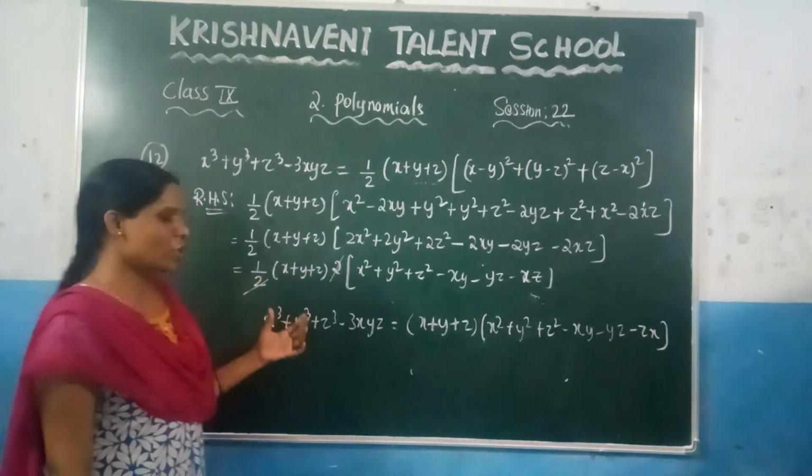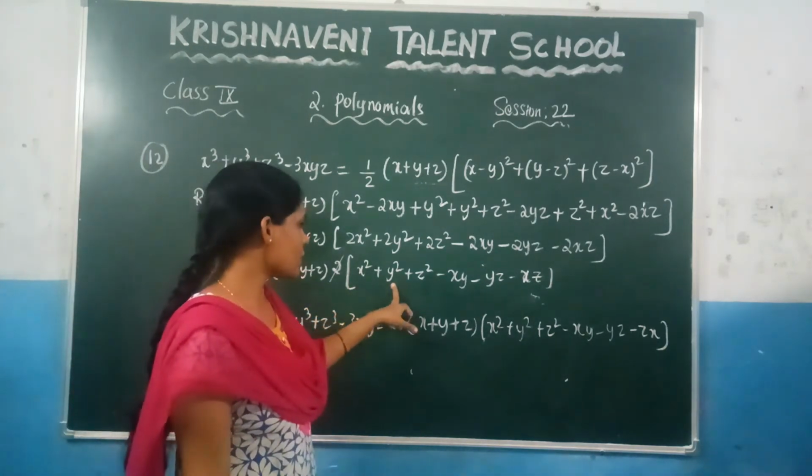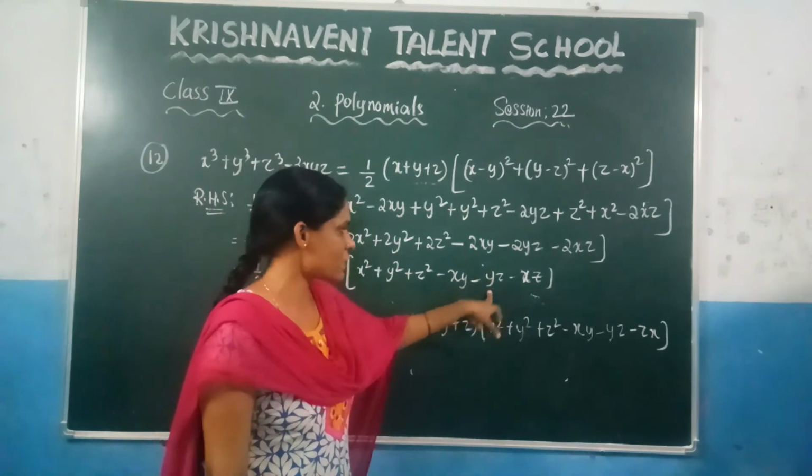So what you are left with is x plus y plus z into x square plus y square plus z square minus xy minus yz and minus zx.